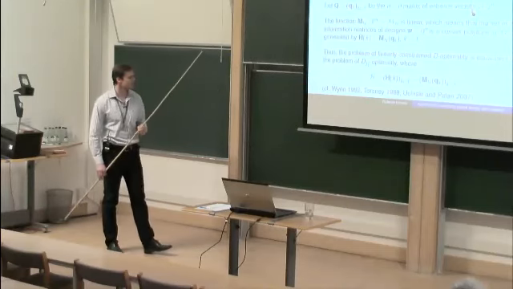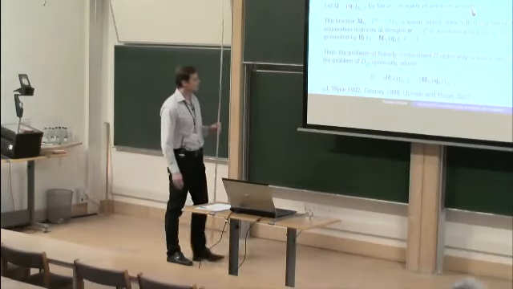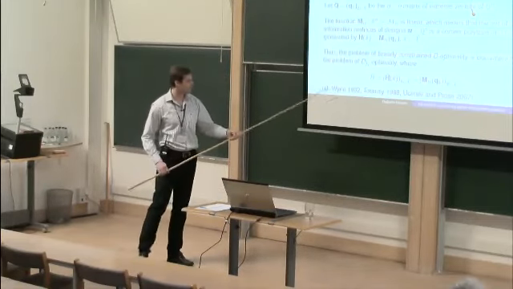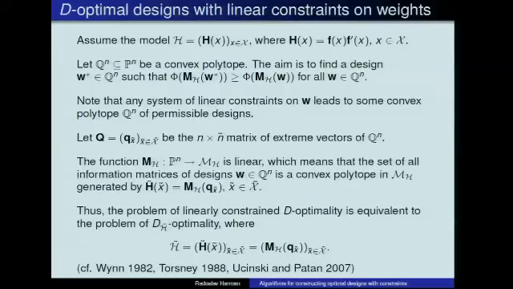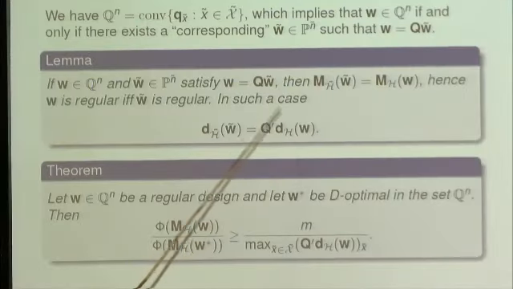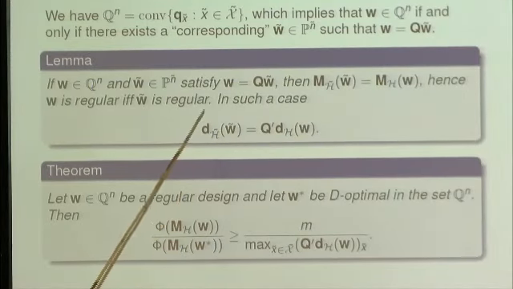This is quite trivial, and some hints along these lines can be already found in Henry Wynn's paper or Ben Torsney paper, and so on. So, perhaps I should point out that there is a very simple relation between the D function of some design W and the D function of the corresponding design W tilde. What is W tilde?